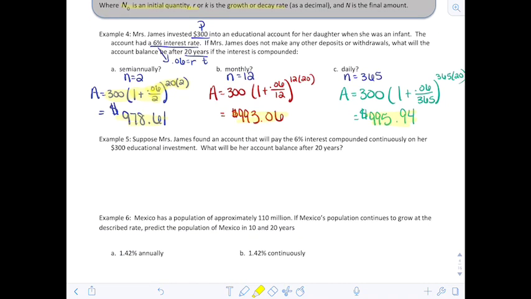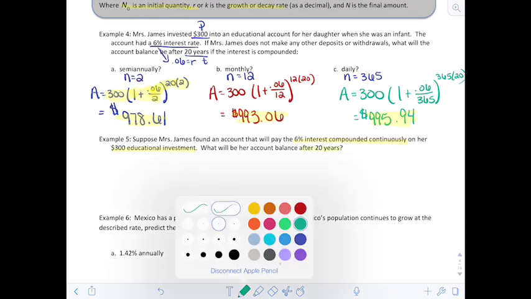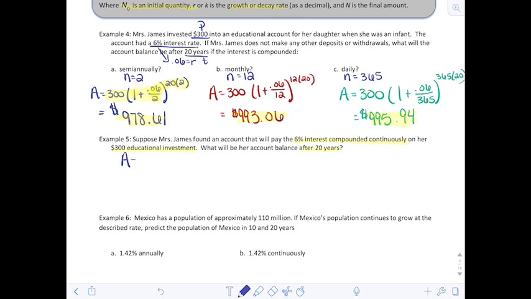Okay, looking at example number 5, we have almost the exact same problem, only we see a little bit of a change. Mrs. James found an account that will pay 6% interest compounded continuously on $300. What will be the account balance after 20 years? Okay, so we're changing this up a little bit. This is going to be the PERT formula, principal times e to the rt power.